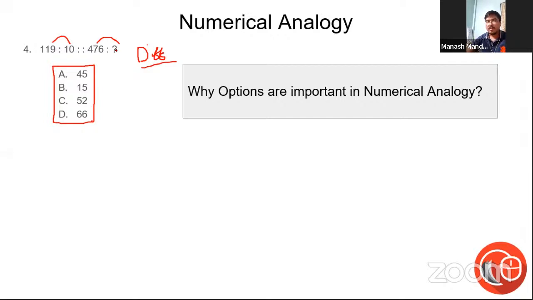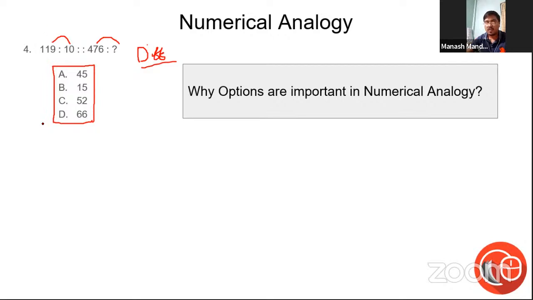See, we have to find out the logic of how 119 became 10. Only using that logic will we find the answer. We have to first try a number of possibilities.